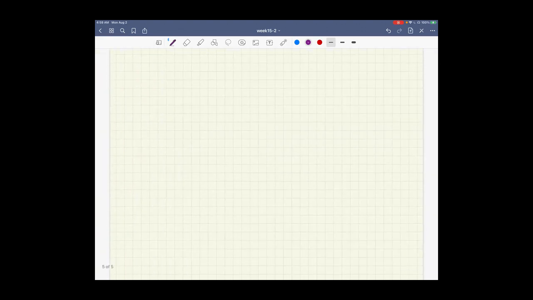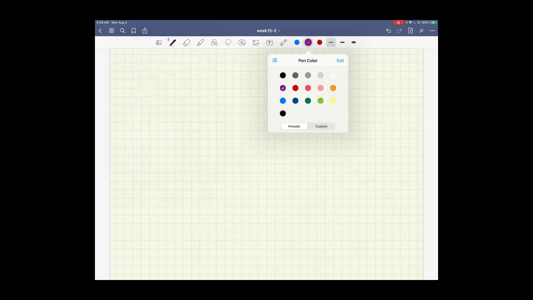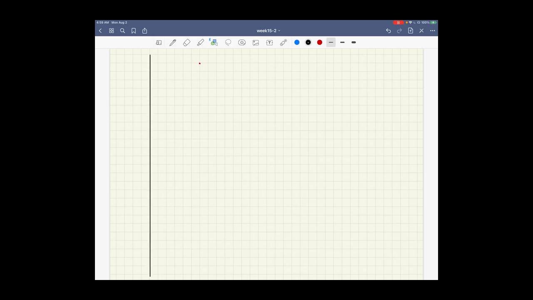All right, so let me add a new page. So let's say this will be where my parabola will have its vertex. So this will be 18. And this will be 0.